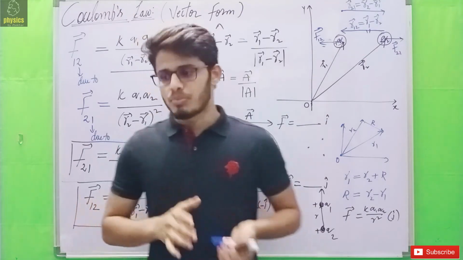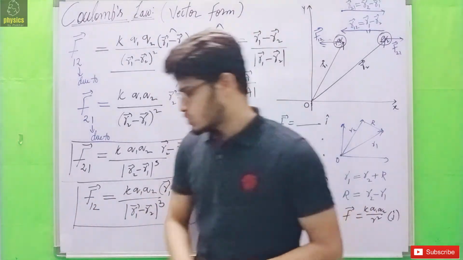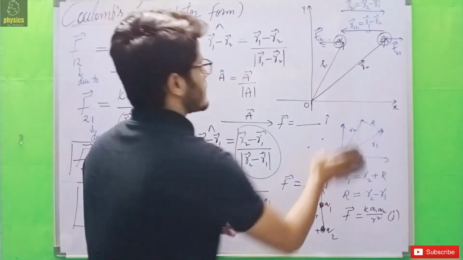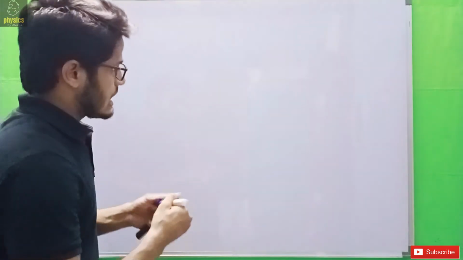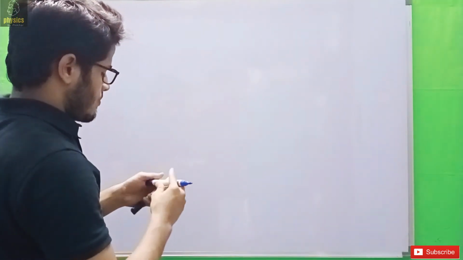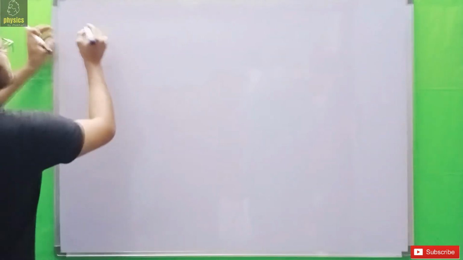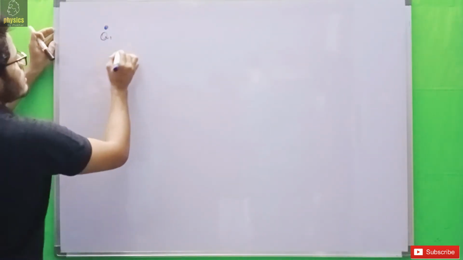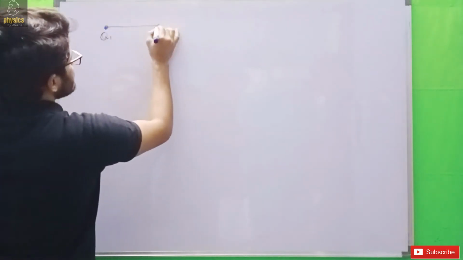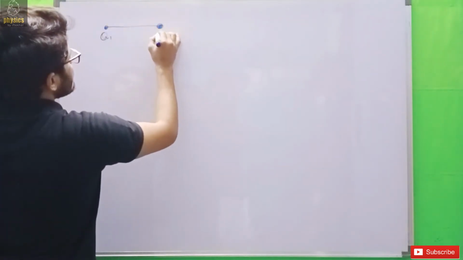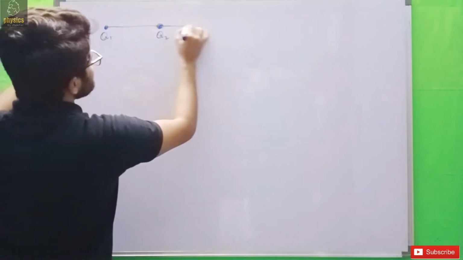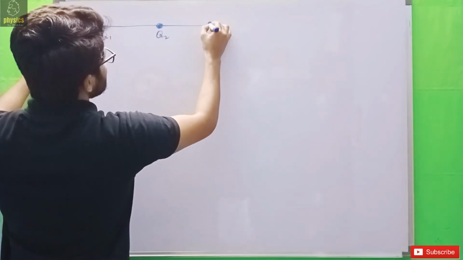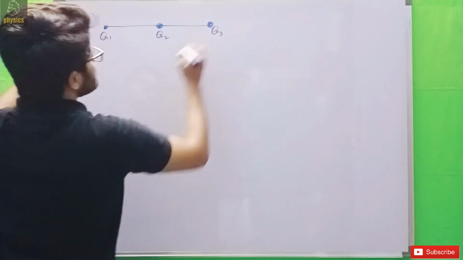Now let's solve a few problems based on Coulomb's law. The question is: we have three particles q1, q2 and q3.